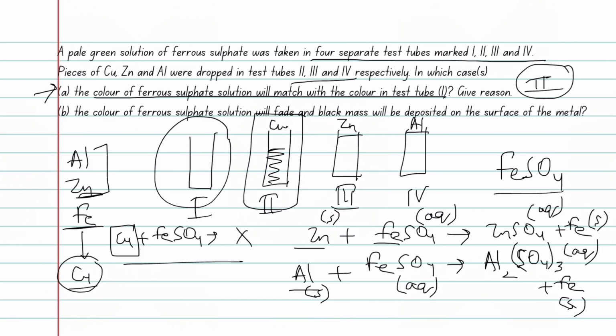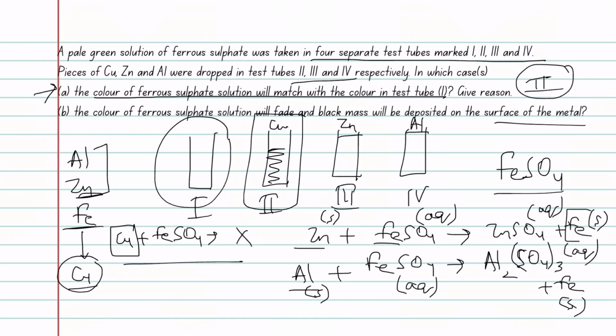Second, the color of ferrous sulfate solution will fade and black mass would be deposited on the surface of metal. So in case of test tube 3 and 4, in both cases displacement has occurred and ferrous sulfate will obviously get faded, right?